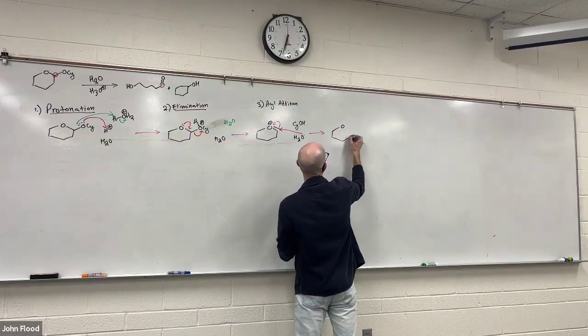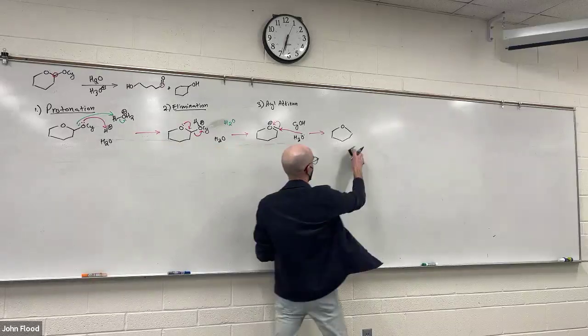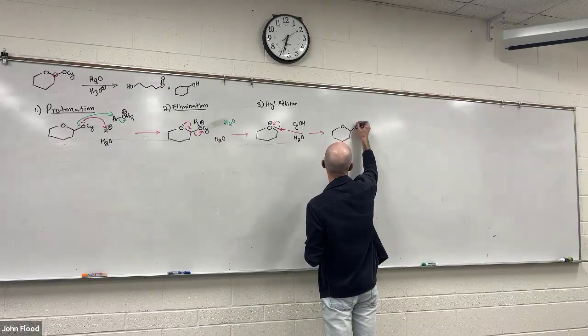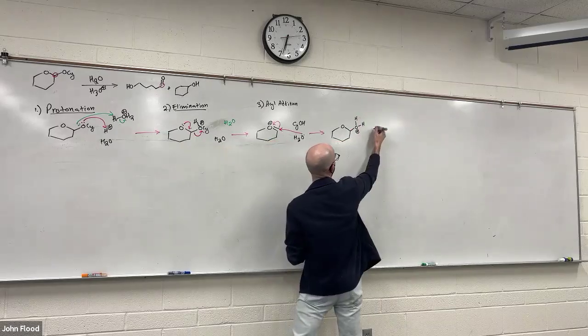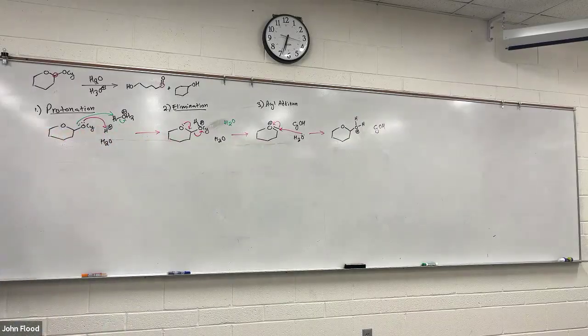Okay, I still have my ring ether. Wow, that's terrible. But now I have OH2 plus. I'm going to draw out both of those H's. I've also got my cyclohexanol.